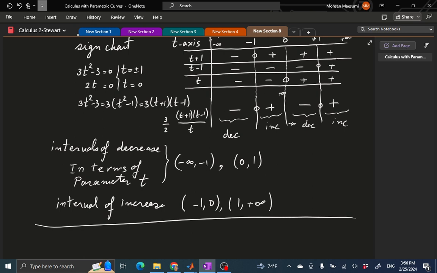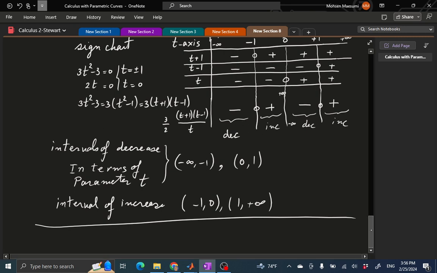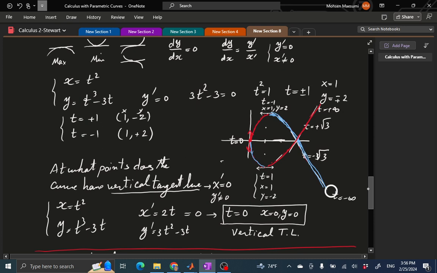There is a chance of a bit of a confusion with calculus 1, because in calculus 1, when you had something decreasing and then increasing, you would have a minimum there. But here, look, we have a maximum there. How's that?